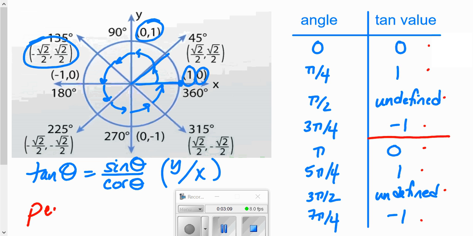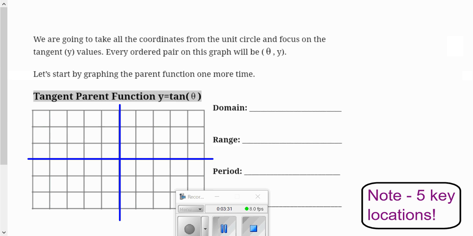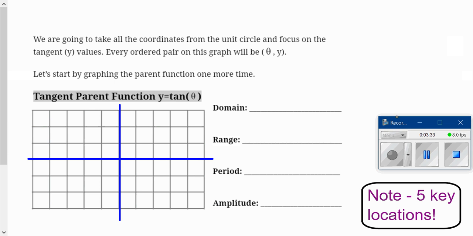It looks to me like the period or the length of the cycle for this function is going to be pi rather than 2 pi. And this is the most commonly forgotten thing about tangent because our other two main trig functions, sine and cosine, are different from that. So that's something we're going to have to be very cognizant of relative to tangent.